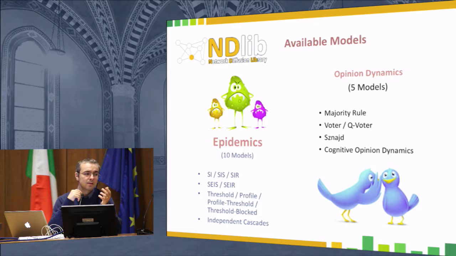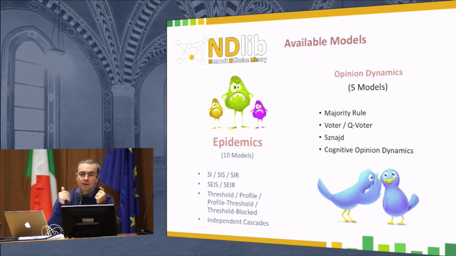For instance, epidemic models like SI, SIS, SIR, or threshold models assume that the diffusion acts in a passive way. So nodes, individuals, cannot choose to become infected by a virus. It just happens, basically. You don't choose to get the cold, you get the cold because someone around you has it already and passes it to you in some way.